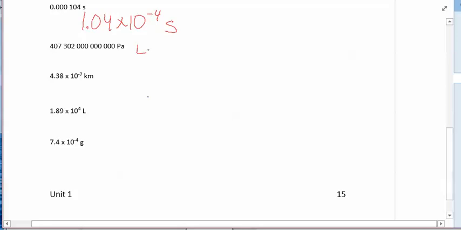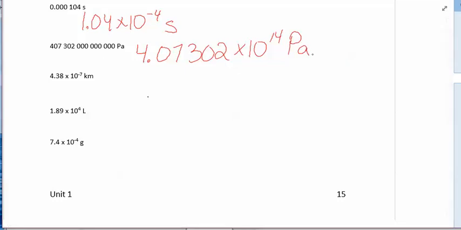For the next one, the 4 is the first number, so it's 4.07302 times 10 to the 1, 2, 3, 4, 5, 6, 7, 8, 9, 10, 11, 12, 13, 14 power Pa, which stands for pascals.